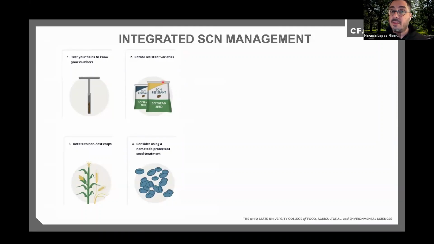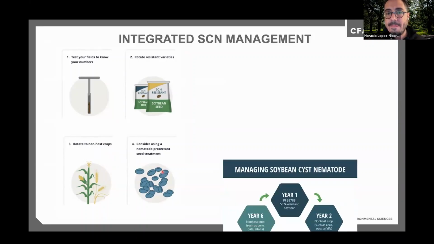If you plant PI 88-1088, plant a Peking the next time you do soybean. If you cannot find a different source of resistance, switch varieties. Don't train this animal to eat on the same genetic material. Rotate to a non-host, corn, wheat, and consider a seed protectant because this will enhance the root health overall.